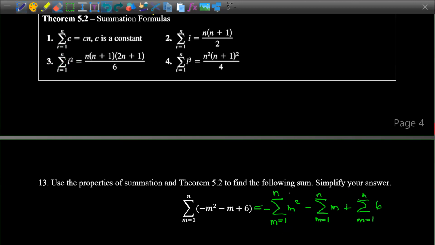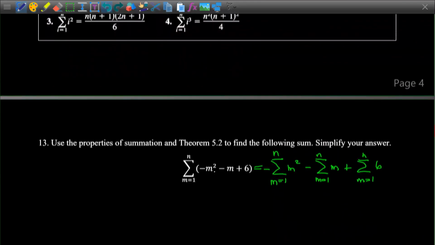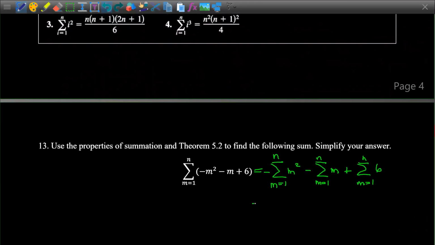So this first summation simplified to n times n plus 1 times 2n plus 1 over 6. The second, it's real easy to forget that I took that minus sign out of the summation, but that's still there.